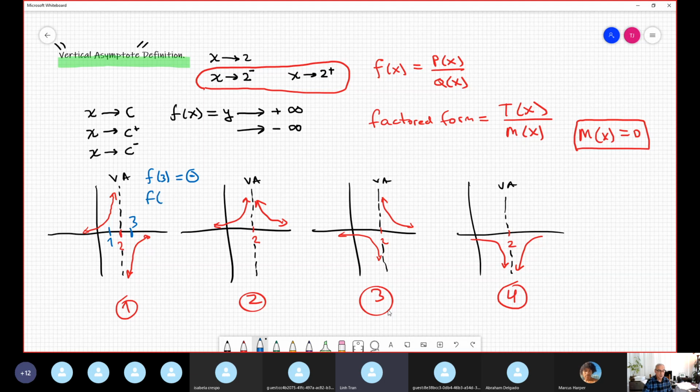The function at 3 in this hypothetical example is positive. This is the behavior. Boom! You analyze the sign. See, both are positive. Boom! See, this one is positive and this one is negative. Boom! And see, both are negative. Option 4. Super easy. Yes or no?